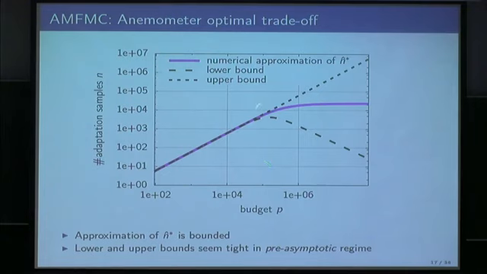For a small budget, this upper bound seems reasonable, but at a certain point when this n starts to level off, this bound does not make sense anymore because it keeps increasing, and it's not a good bound anymore. But this is really the point where things become interesting, where this n levels off at some point.